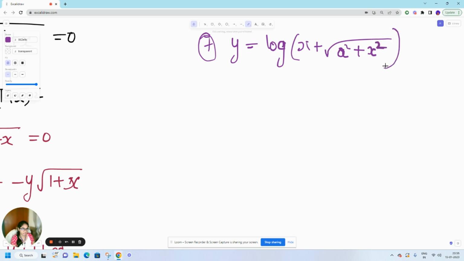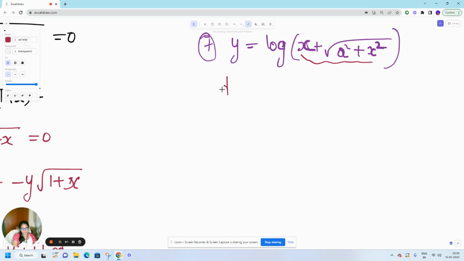Now, how do you find the derivative of this? Let me apply chain rule directly. Go from the left. If you apply chain rule, you would take this whole thing as t.